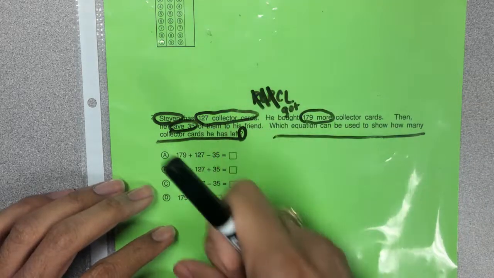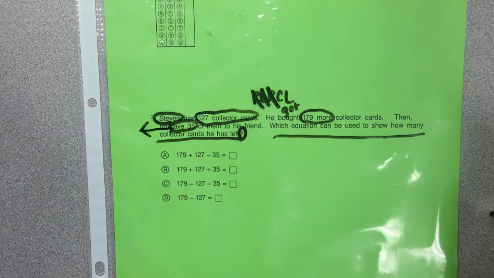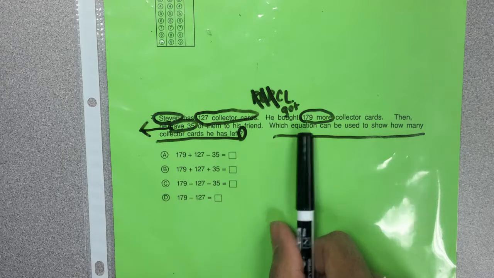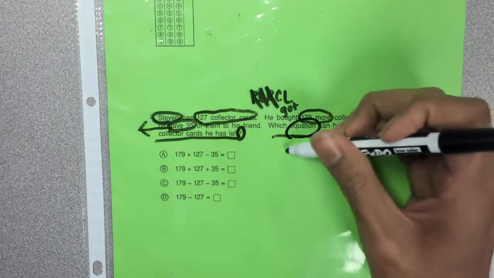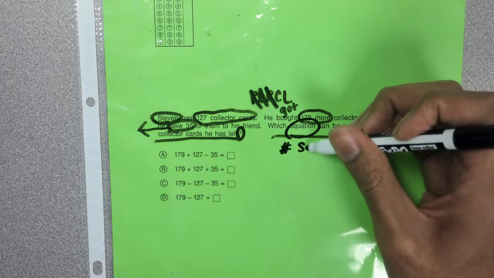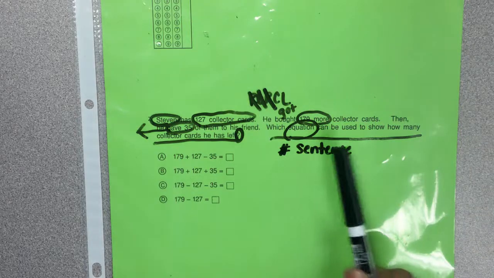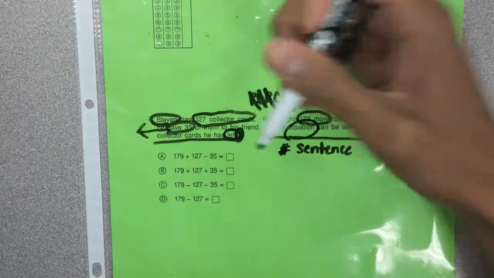So if he gives some away, it's going to be going away. It's going to be separated. And we need to figure out which equation, which of these number sentences, go ahead and circle that and write number sentences. Which number sentence can be used to show how many collector cards he has left?